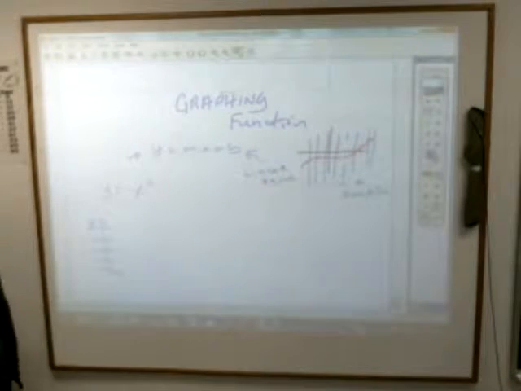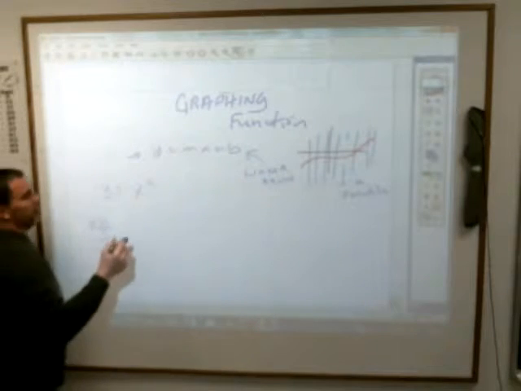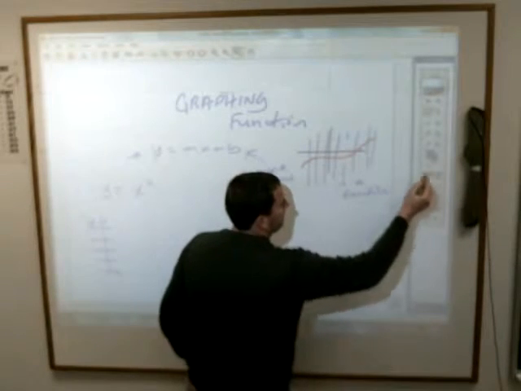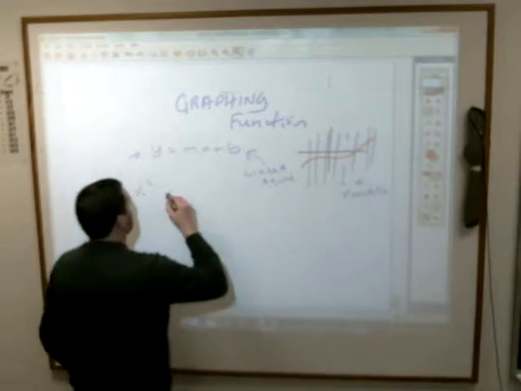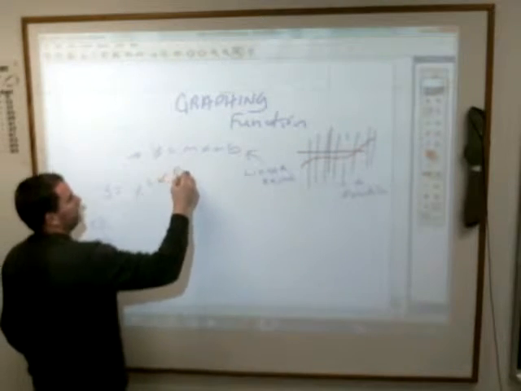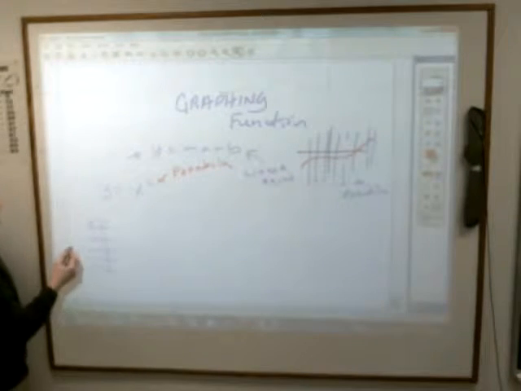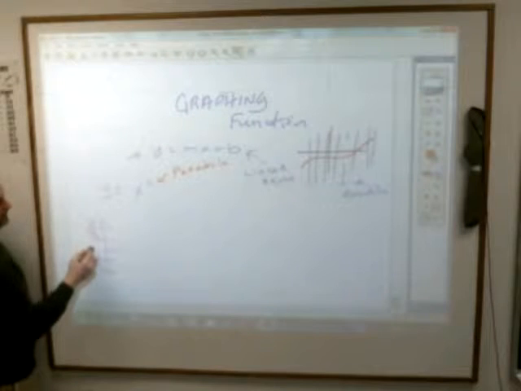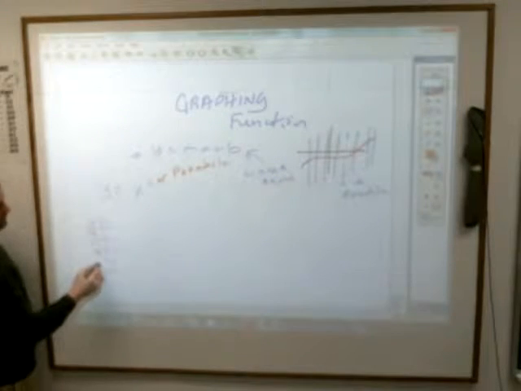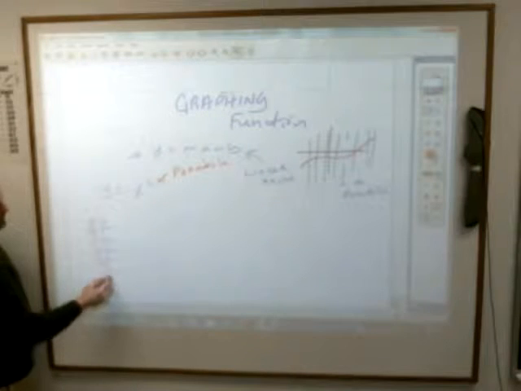Does anybody remember what the graph of x squared was? Special name we called it. It is a U shape. It's called a parabola. The umbrella thing. And just quickly, let me pick some numbers: -2, -1, 0, +1, and +2.